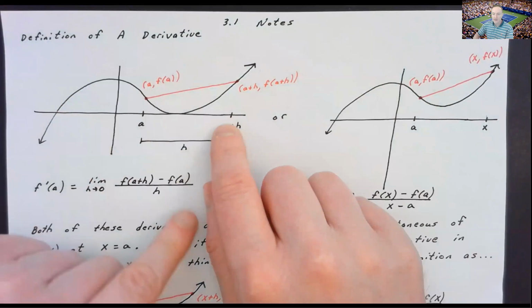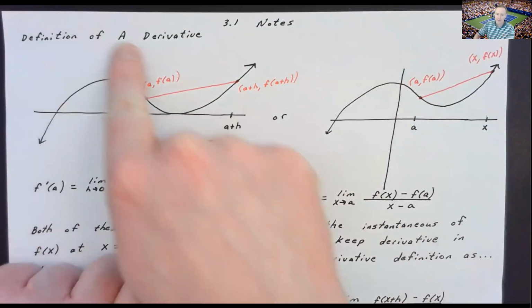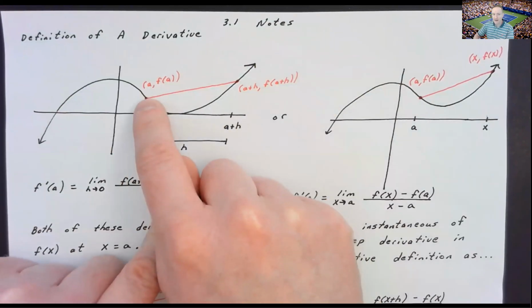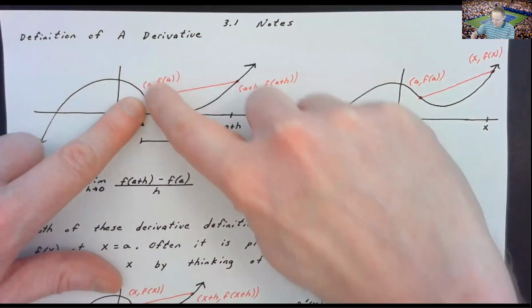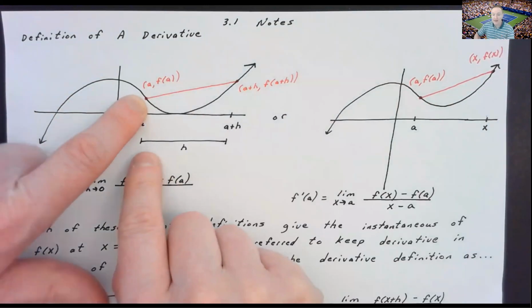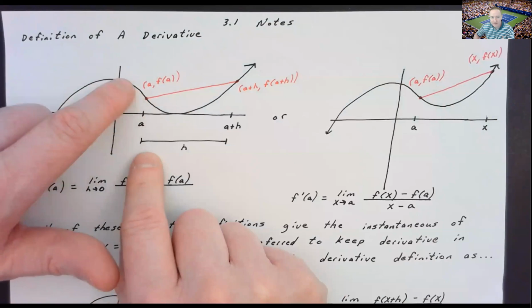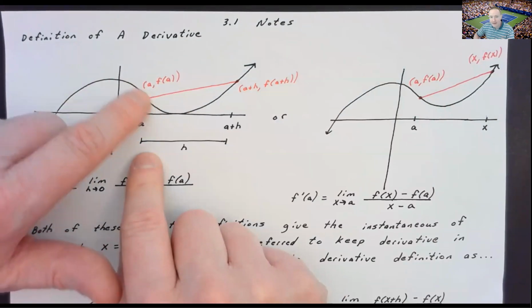First of all, and this is our most common one, let's say I have some arbitrary function f of x, and my goal is to find out its instantaneous rate of change at a. So I want to know exactly what is the rate of change at a. I could look at that and say, well, it looks like your function is decreasing with maybe a slope of about -1 there.